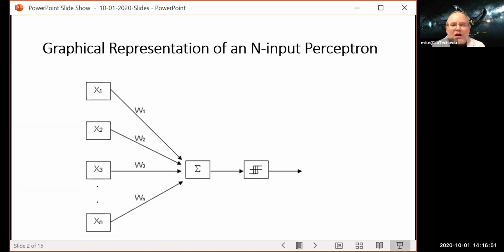So when you're dealing with positive inputs, larger positive weights will represent a more excitatory synapse. It will amplify this input, making it more likely for the sum to exceed the threshold and the neuron to fire. Smaller positive weights given positive inputs make it less likely that it'll fire.